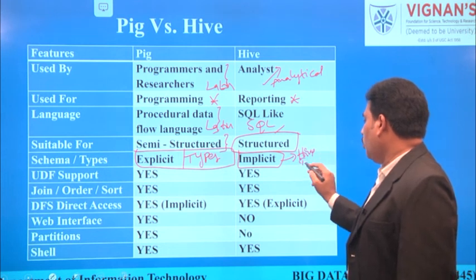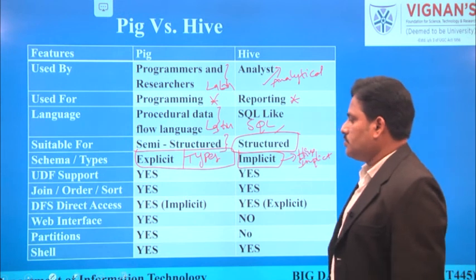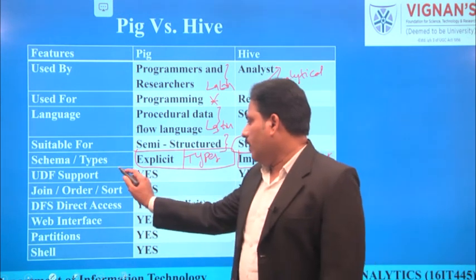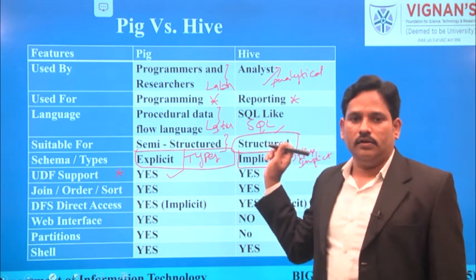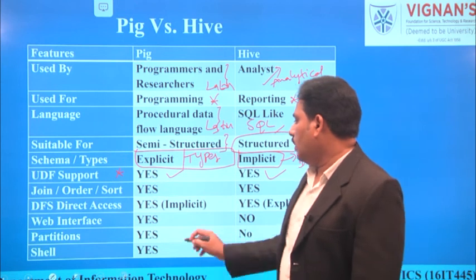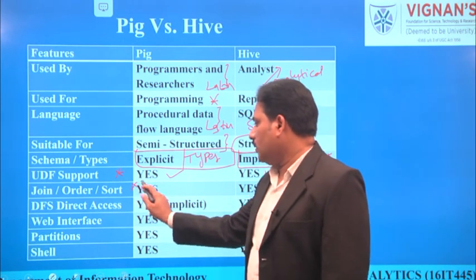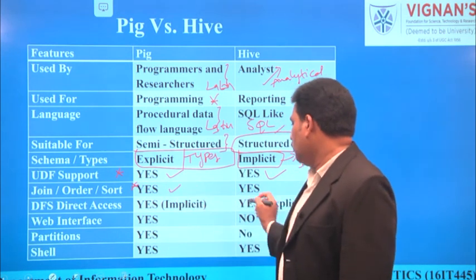It is going to be applied only on the implication of the data, that is implicit values. User defined functions are allowed in both cases. Users can define their functions in both pig and Hive environments. We can apply complex operations like join, order, sort, map operations in both environments.